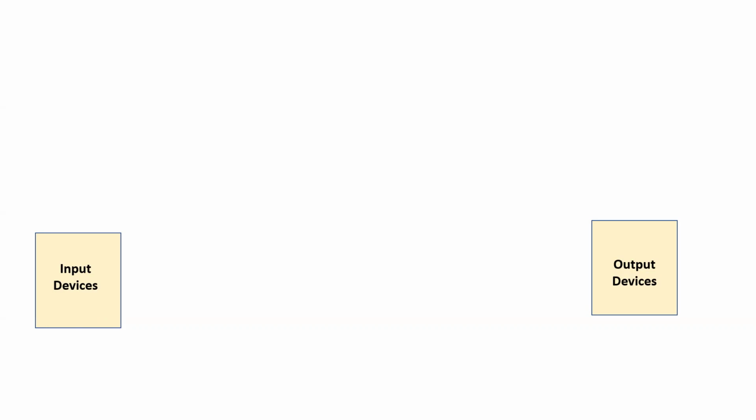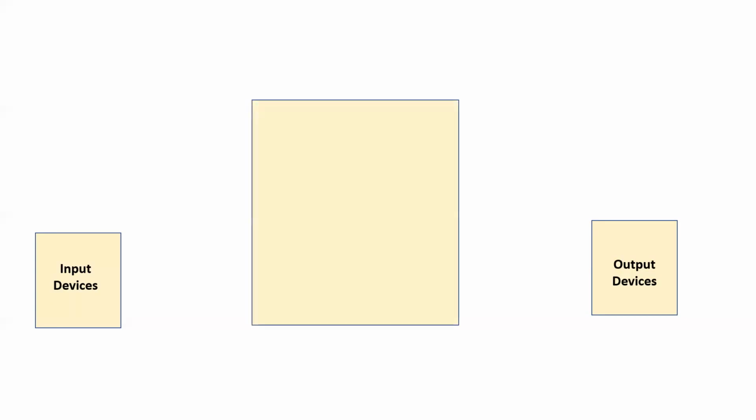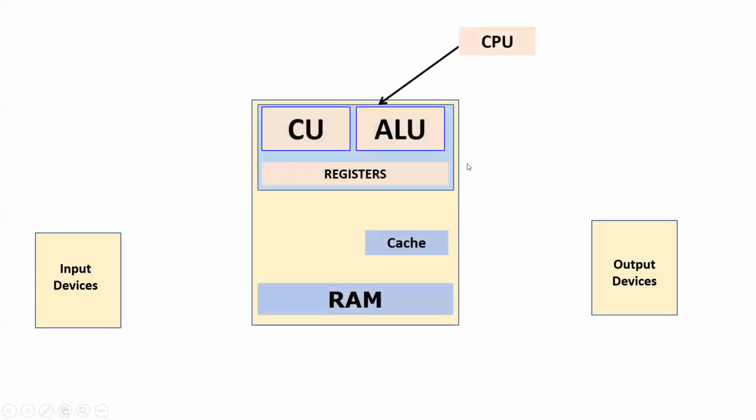How you show the result is through the output devices. Therefore, on both the left and right sides, you can see the input and output devices. In the middle here is the system unit or computer. Right? You can find it in the middle of the diagram, the system unit. Right, then look at the diagram here.